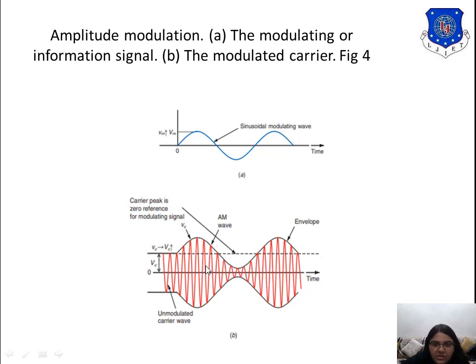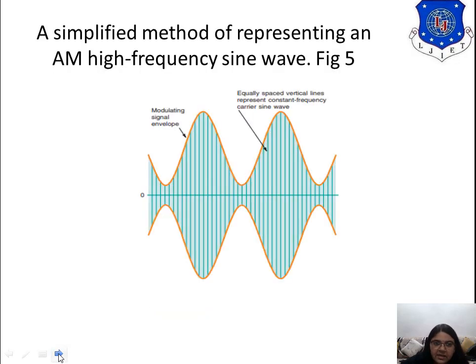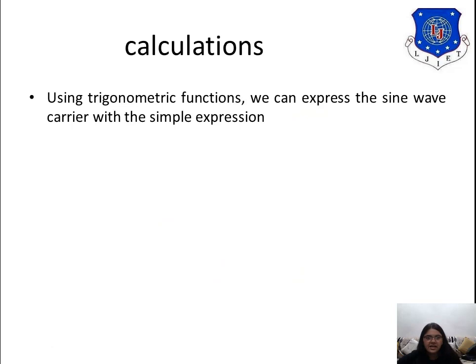Vc is the peak amplitude of the carrier signal. Similarly, I have another value, small vm, the instantaneous value of the modulating signal, equal to capital Vm, the peak amplitude of the modulating signal having the frequency Fm. Fm is the modulating frequency.